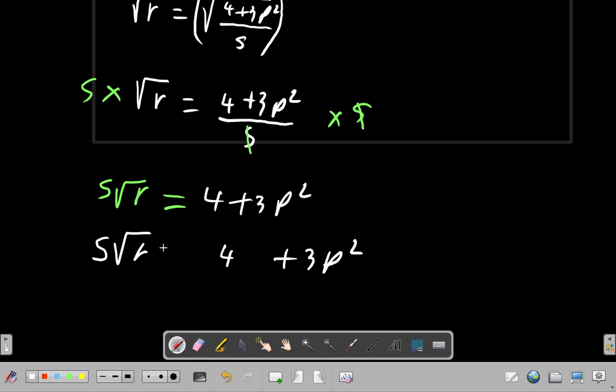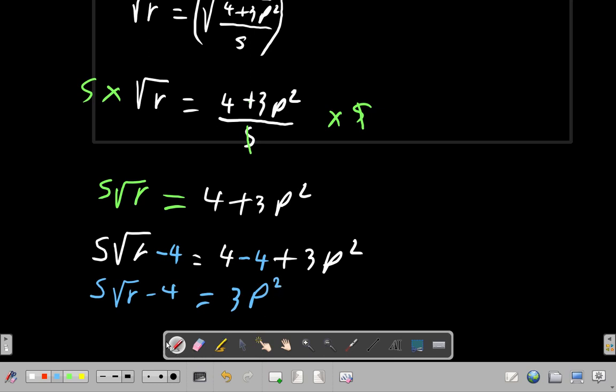You're going to subtract 4 from both sides. So if you minus 4 from here, minus 4 from here, really you subtract 4 from the right to get rid of this 4. But the fact that you subtract 4 from the right hand side means you must subtract 4 from the left hand side as well. So you have s square root of r minus 4 equals 4 minus 4, that is gone, that's 0. So you have 3p squared.